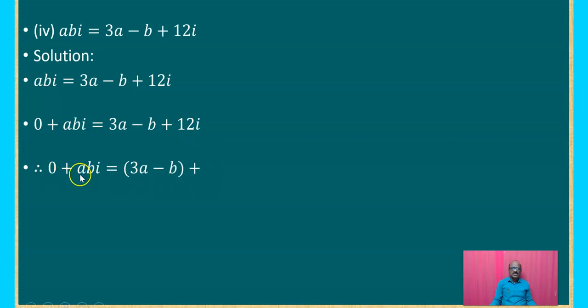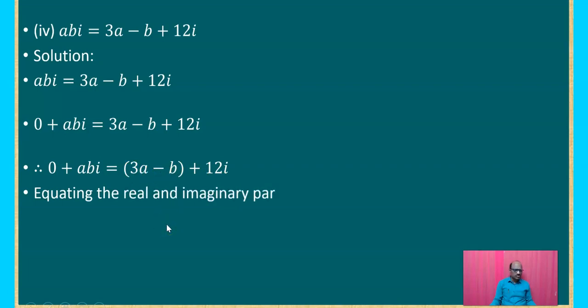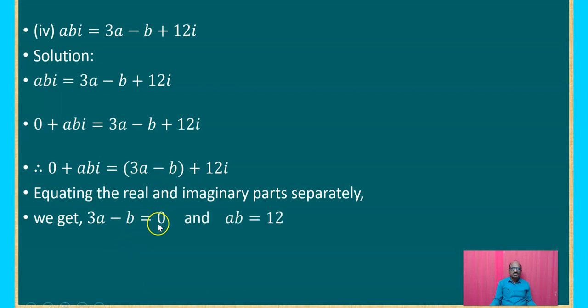That is 3a minus b is equals to 0 and 12i is equals to abi. Therefore, we get 3a minus b is equals to 0 and ab is equals to 12.